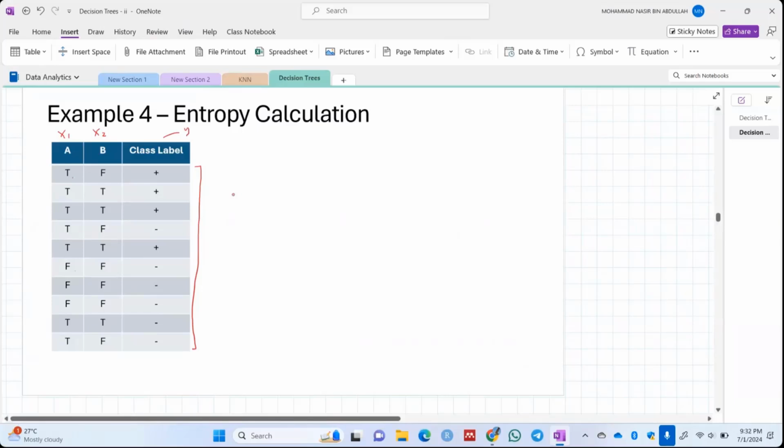So the first step to calculate entropy, or to know which variable is going to be our root node, is the same procedure as in the regression tree. First step, we need to construct a cross tabulation table.